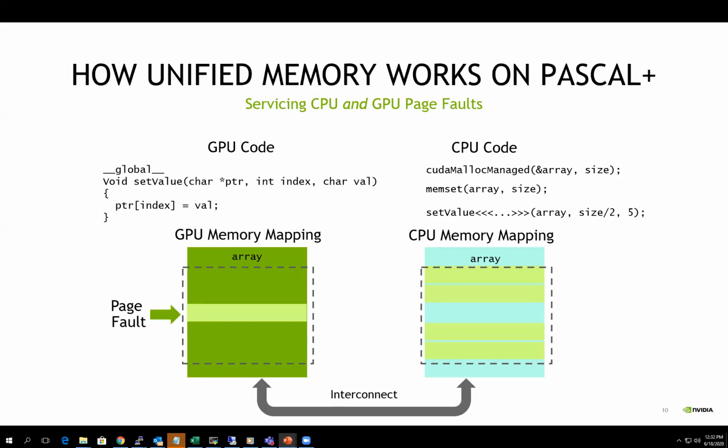Once the page faulting operation is complete, the GPU code is allowed to proceed with whatever it was going to do. In this case, that is to set the value in that location to the value indicated in the kernel call, which was 5.